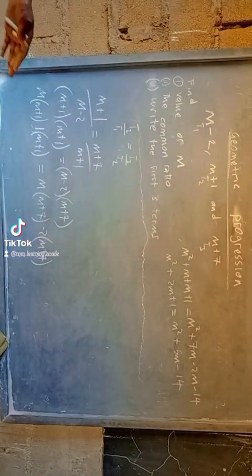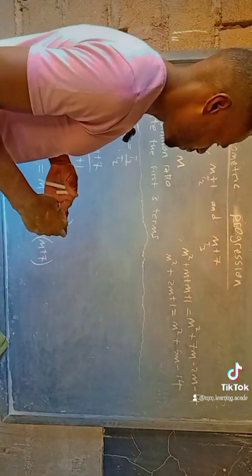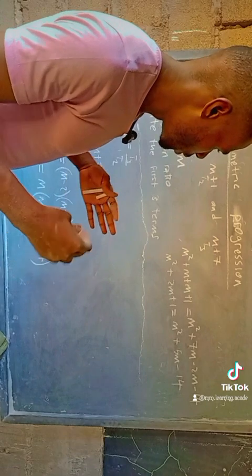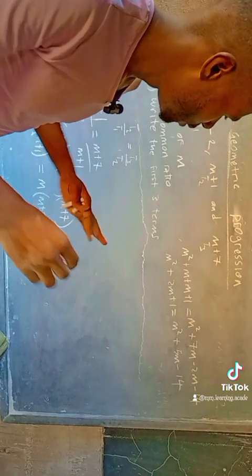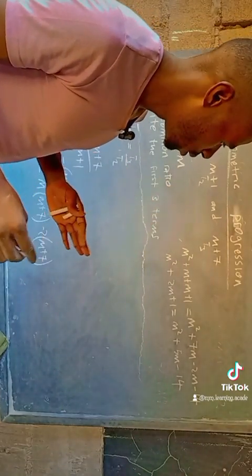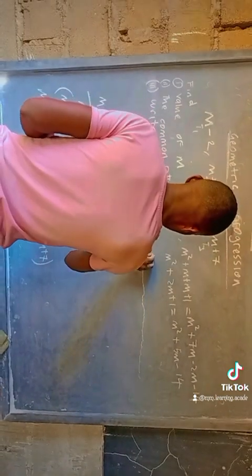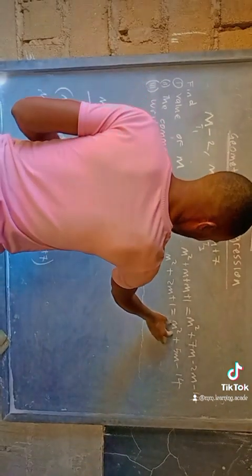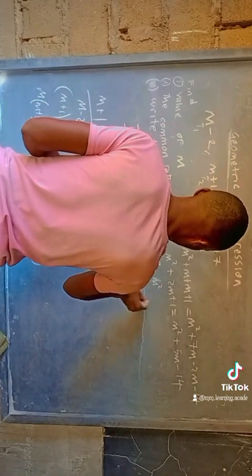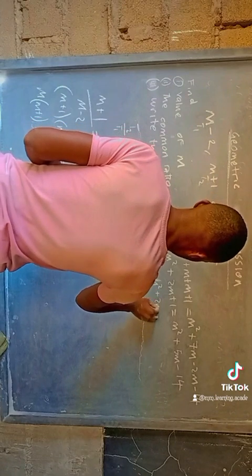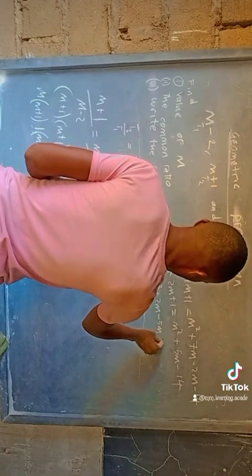So what are we going to do now? We're going to make sure that we group numbers on one side and variables on one side. We make these terms cross the equal sign. m squared crossing over becomes negative m squared, and positive 5m crossing over gives negative 5m.